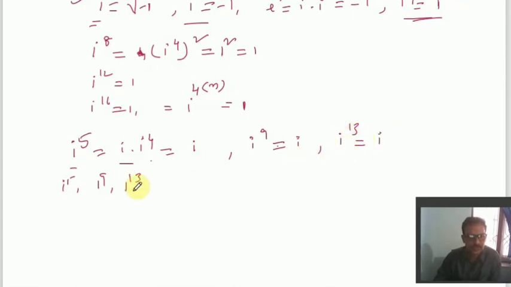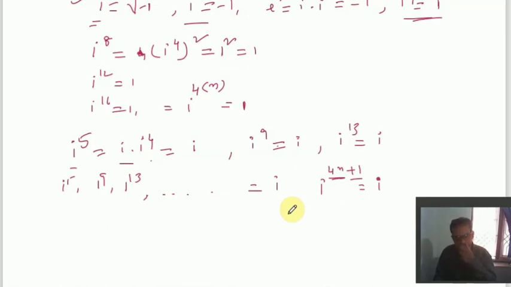So a multiple of 4 plus 1, and so on, is always equal to i. These numbers are in the form of i power 4n plus 1, and their value is always equal to i.